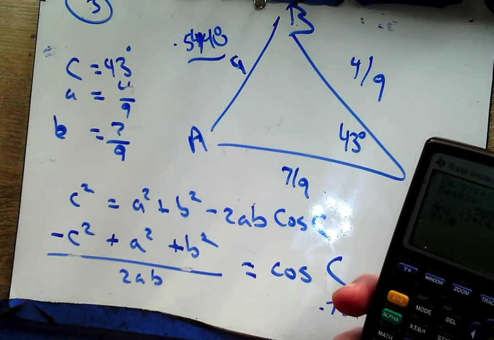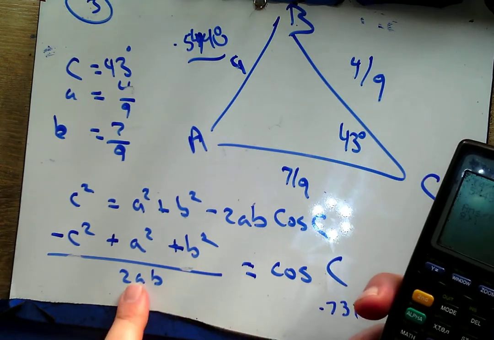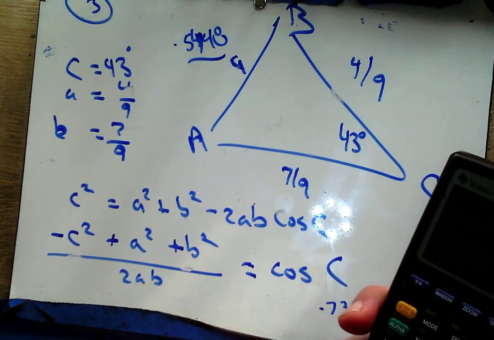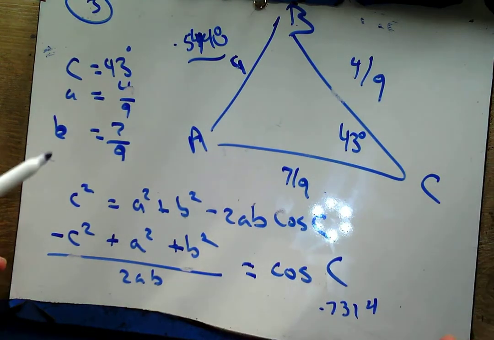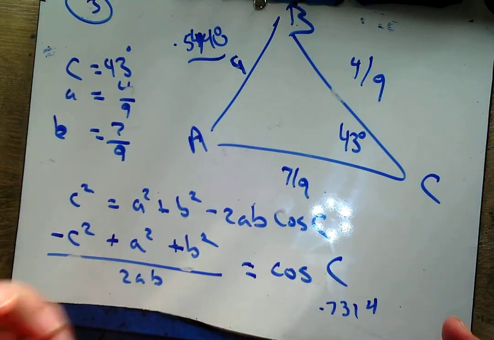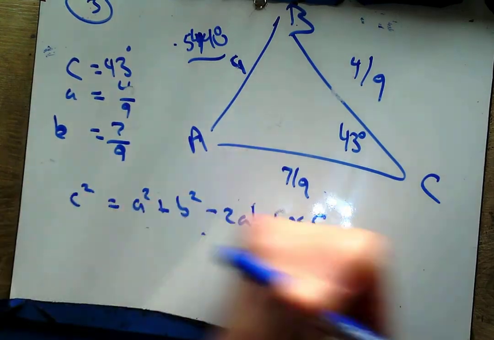Well, let's just confirm that. That's AB. But wait, that's cosine C. I know C already. So that's where my issue is.